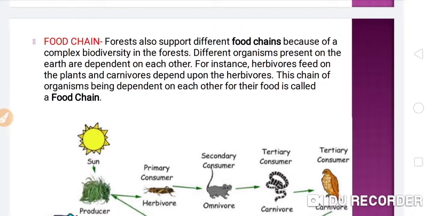This chain of organisms being dependent on each other for their food is called the food chain, and the food chain starts from the producers, and producers are the plants. Why are the producers the plants? Because they can form their food on their own.